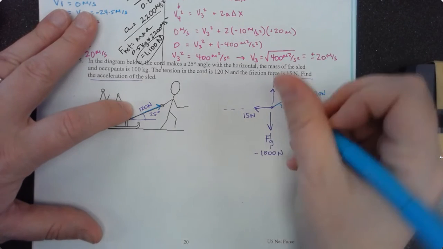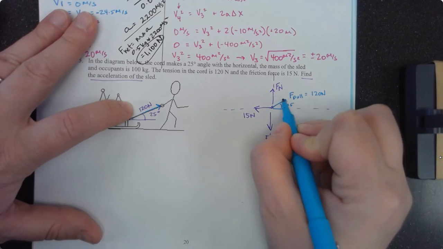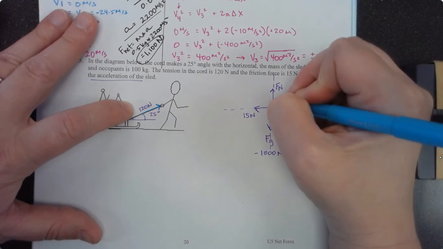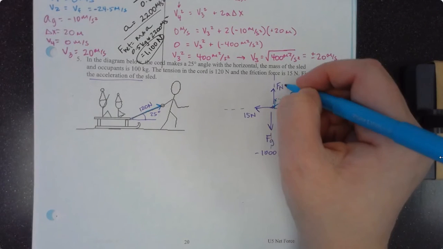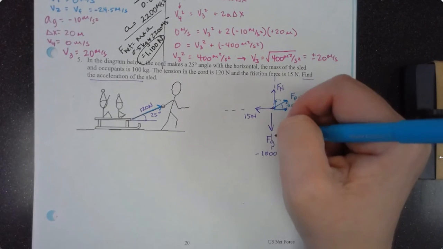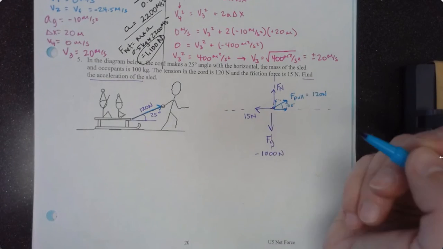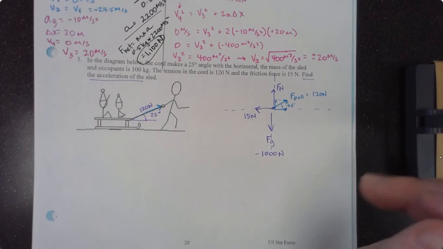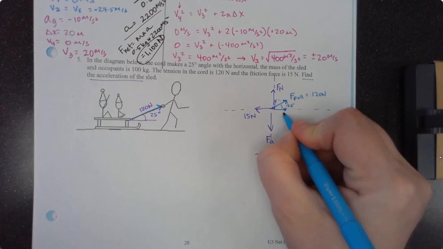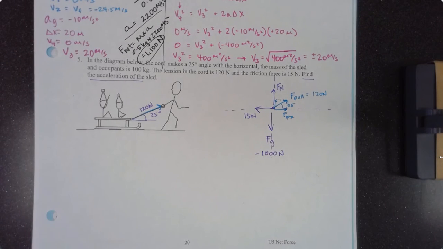And we're going to have some components here: one component that's horizontal and one component that's vertical. And these 2 verticals together are going to add up to oppose gravity, but it's not actually asking us to do anything with the vertical, so I'm just not going to worry about it. I'm going to focus instead on this component of the pull that's in the horizontal direction. So I called that FPX.